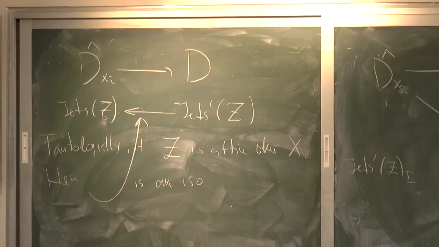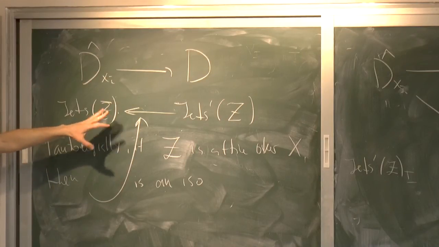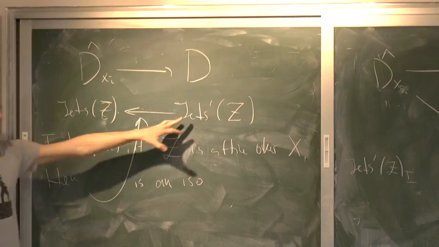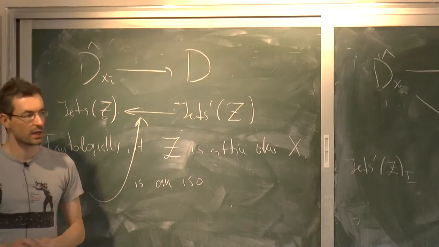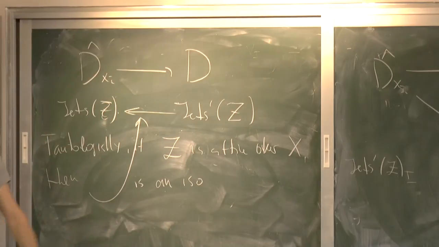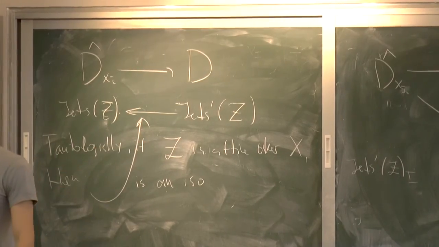And in all the examples that we'll consider, there will be no difference between Jets and Jets prime. So in most cases of interest, they yield the same result. We'll need the other one for the following reason. Now I want to do meromorphic. Look at the definition. By definition, when you're mapping to something affine, the two give the same result. That's the definition of D without the hat.